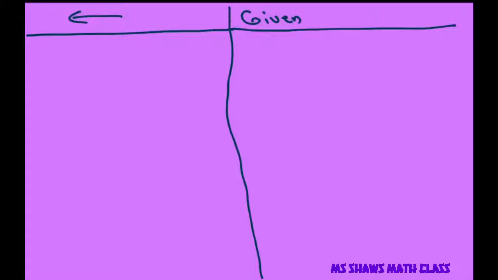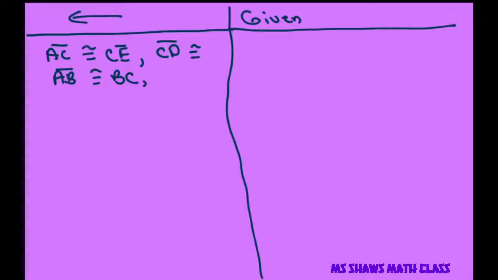So we're going to say that C is the midpoint, and all of that's your given. And then we want to write that AC is congruent to CE, line segment AB is congruent to BC, and we also have CD is congruent to line segment DE.